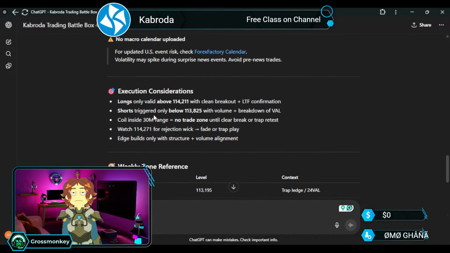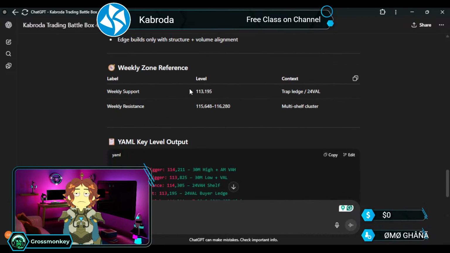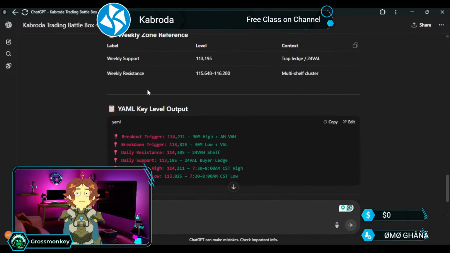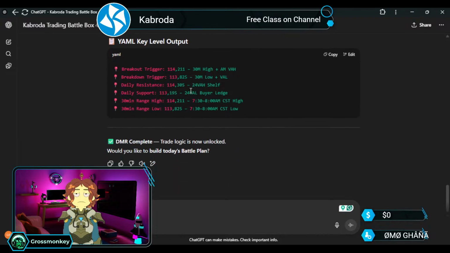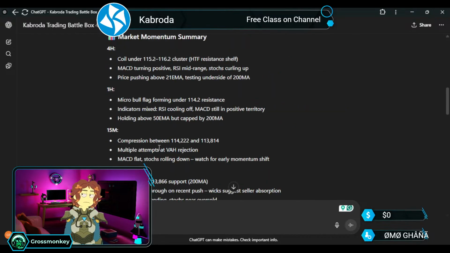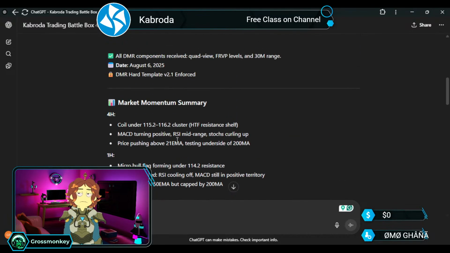Then you got different execution considerations, different weekly zones levels, and then this you can just throw into your chart if you know how to do it. If not, it's not a huge deal. You can just do exactly what I've been doing, and you won't really need this. But for now, let's start with this, and we'll go over the charts, kind of check out what is happening here and what we're thinking.